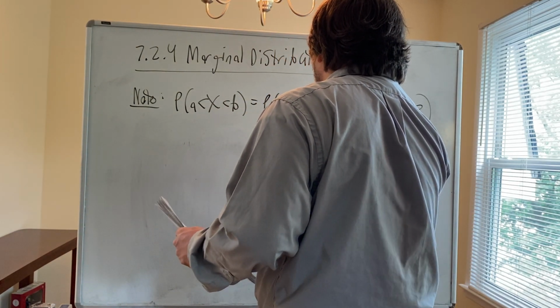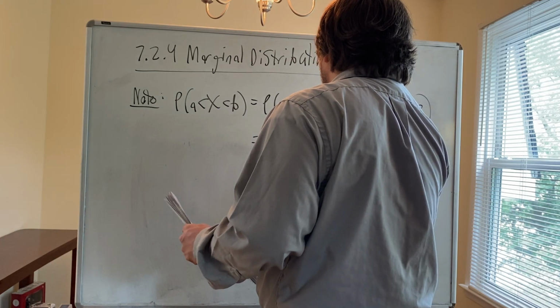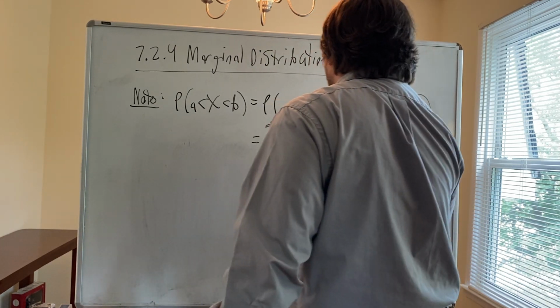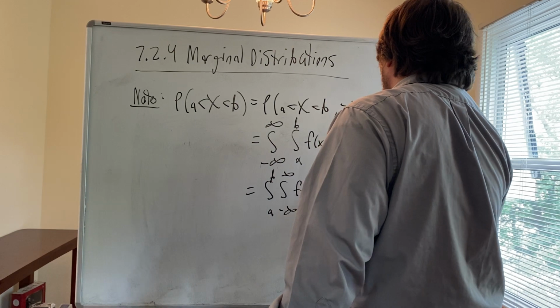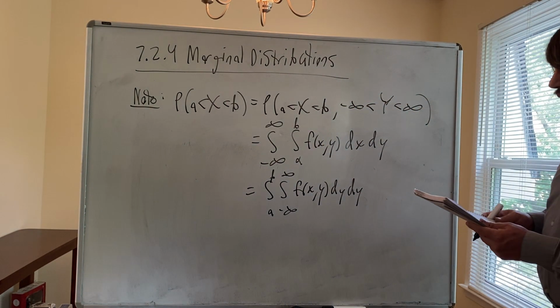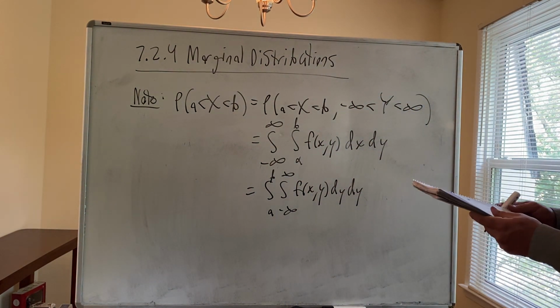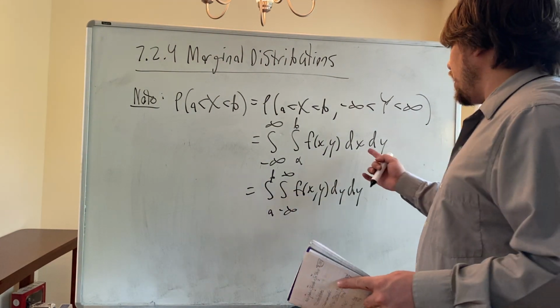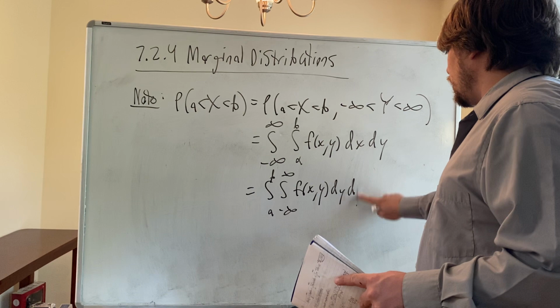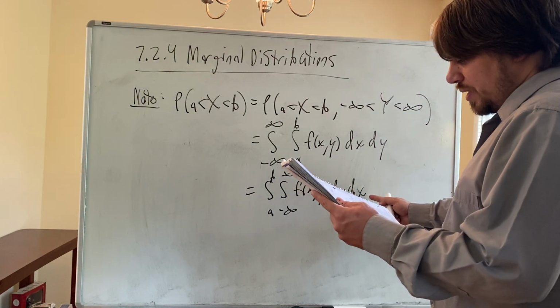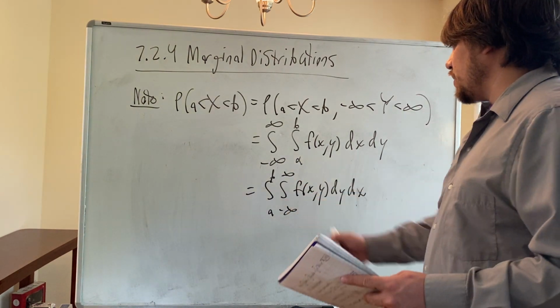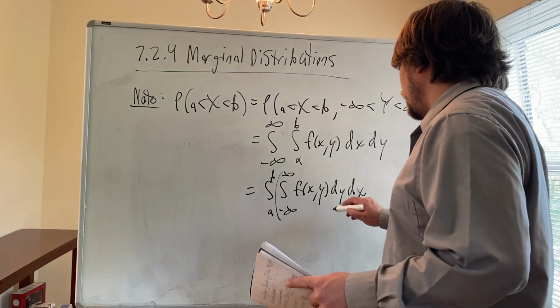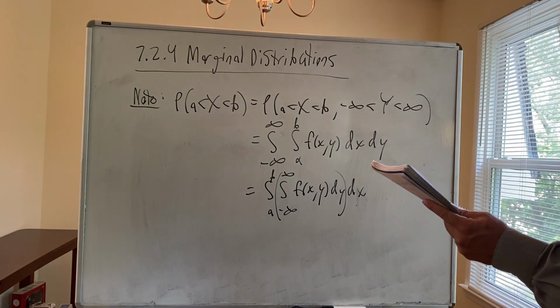We can integrate first with respect to y, then with respect to x. And so we're just going to switch the order of integration. And so we can do that here. Now I'm integrating with respect to y, then integrating with respect to x. And so first, to do that, you calculate the integral inside.